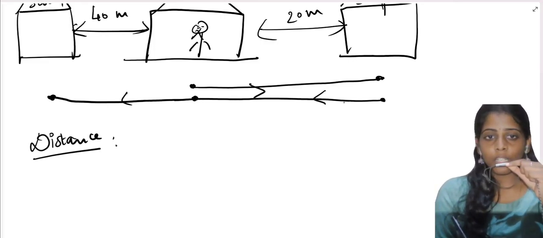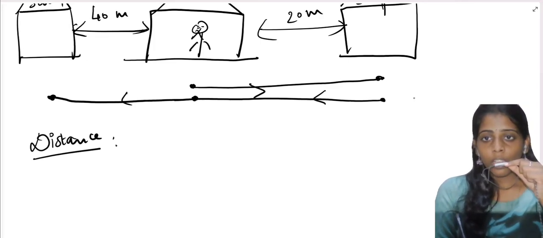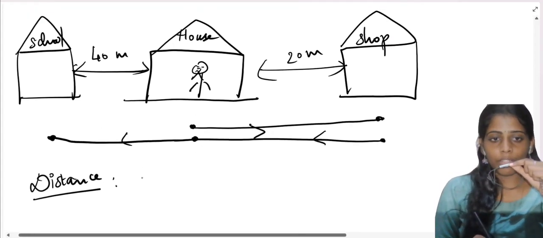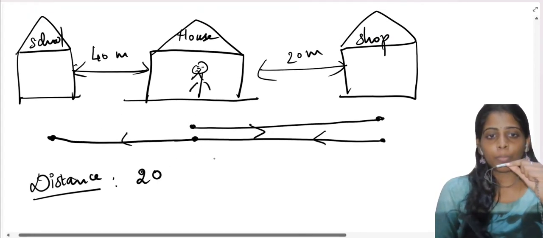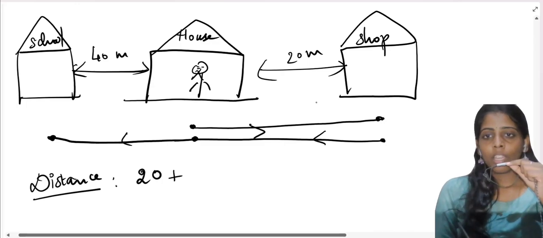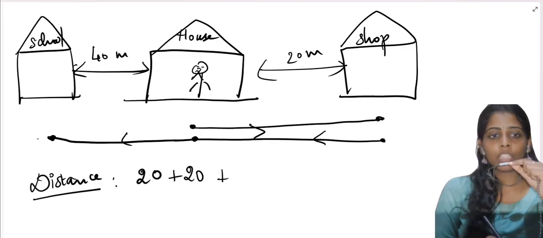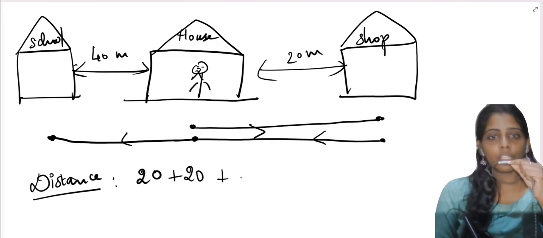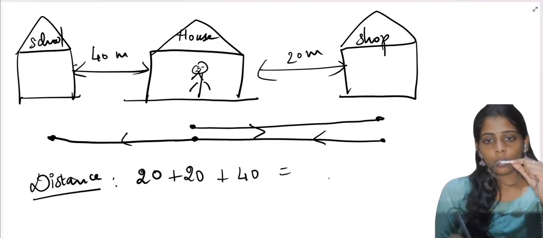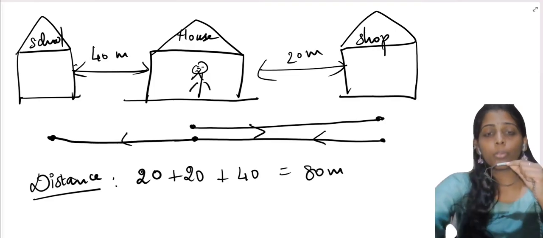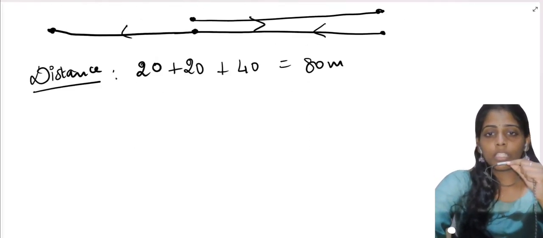So as we observe, Sumit is starting his journey from home and he goes to the shop which is located 20 meters away. So first we will put that 20 and then from the shop again he has to come back to his home, which is another 20 meters, and then he has to reach his school, which is 40 meters away from his house. So totally Sumit has to travel 80 meters to reach his school during this journey.